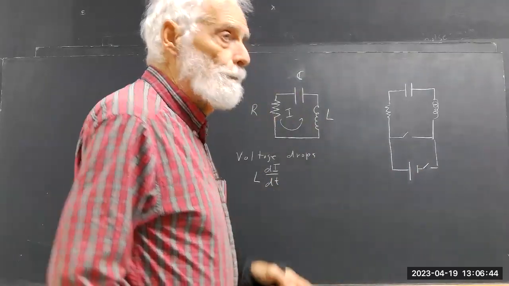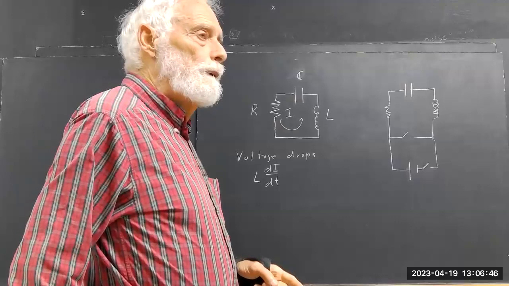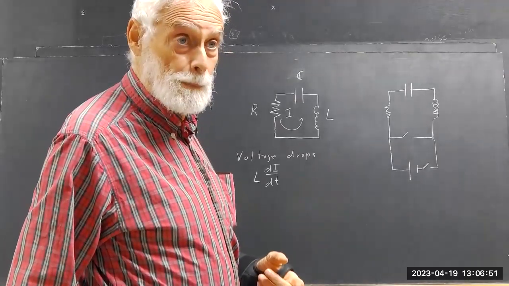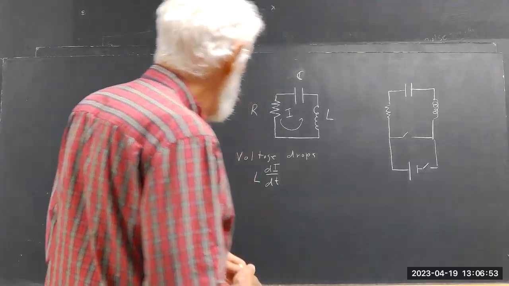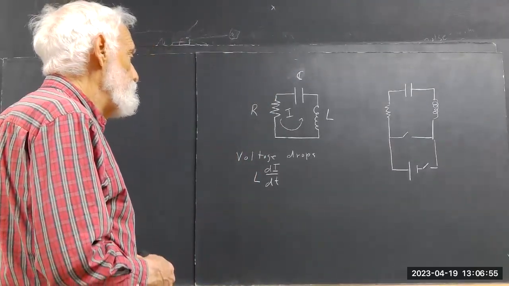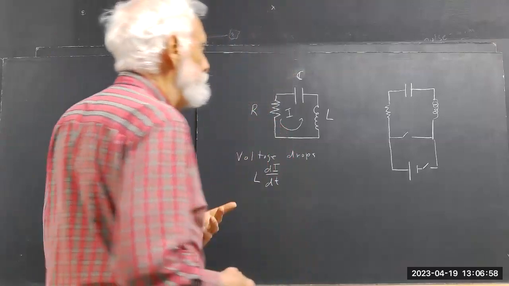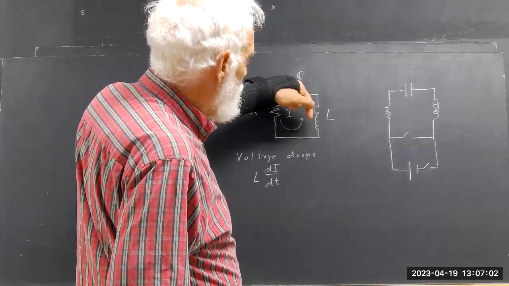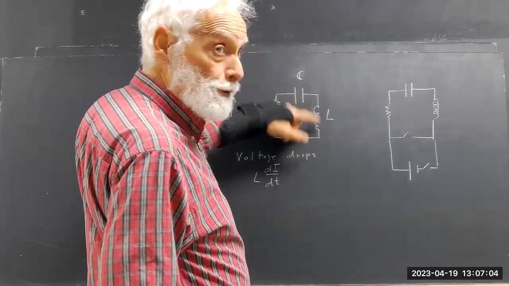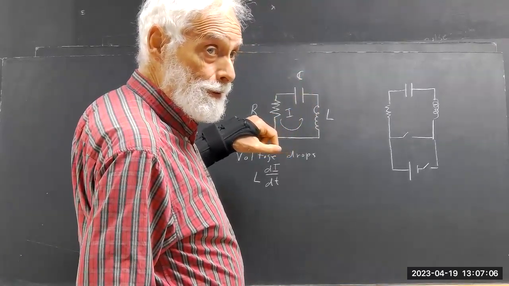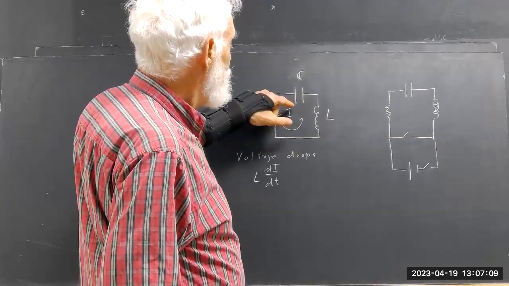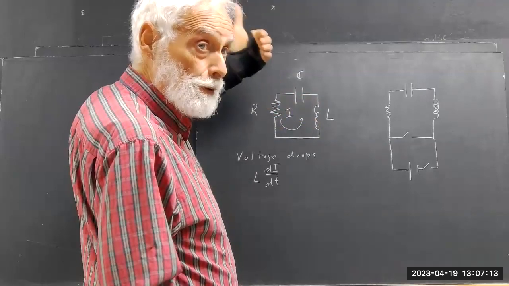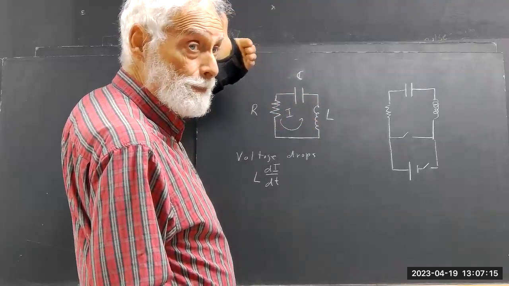It might be that you have a voltage drop as you go across the resistor in this direction, but your capacitor is positively charged here and negatively charged here, so your voltage increases as you go across the capacitor.